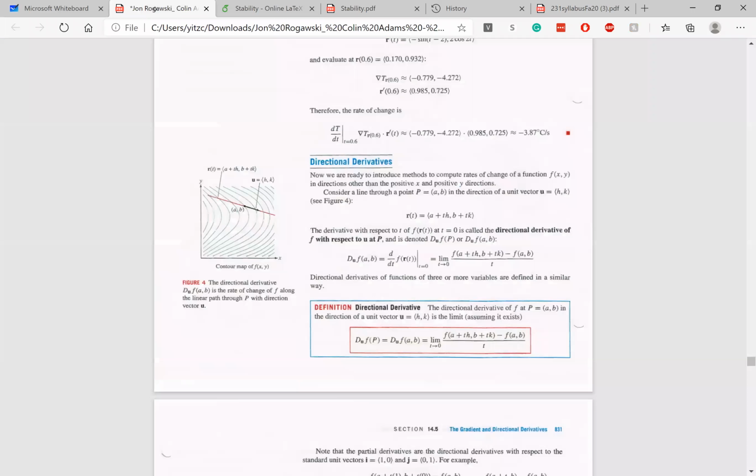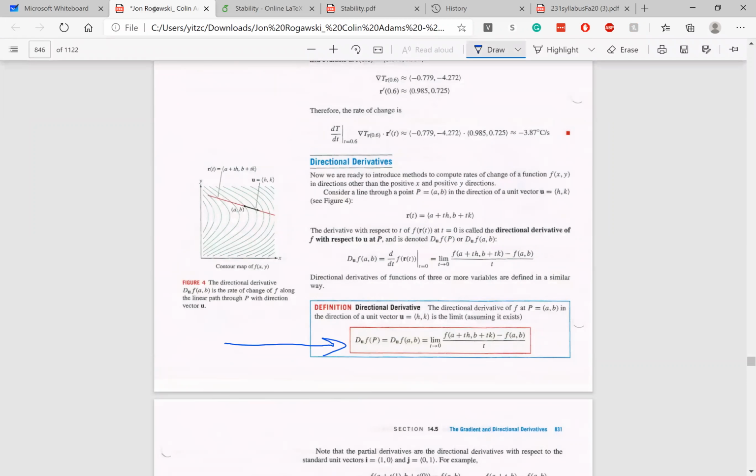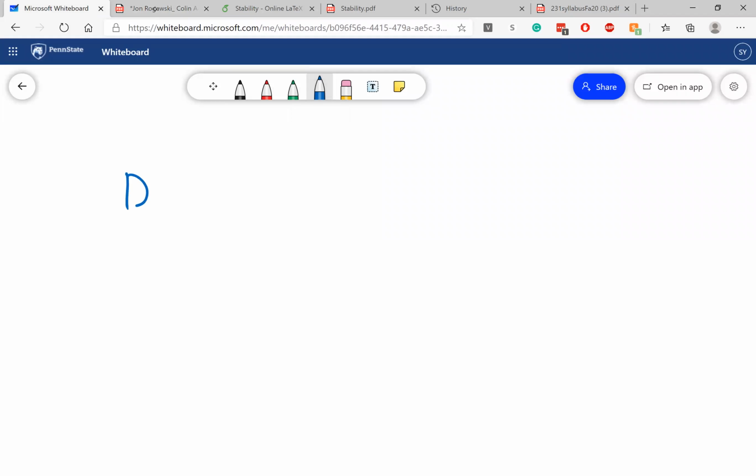So here's the directional derivative, and the definition is right here. We write it as the directional derivative in the direction of u of f of x, y.